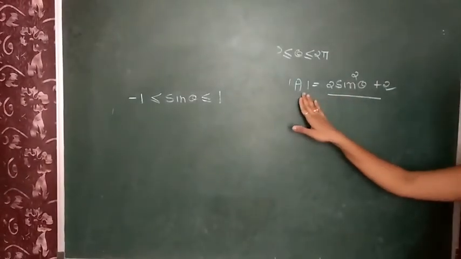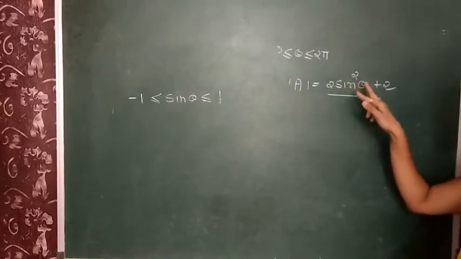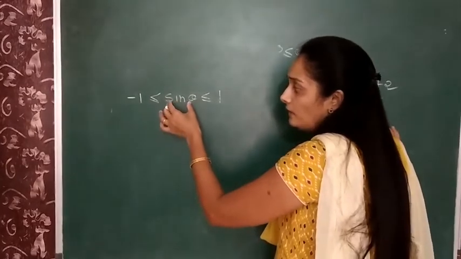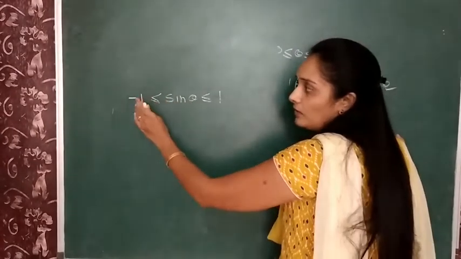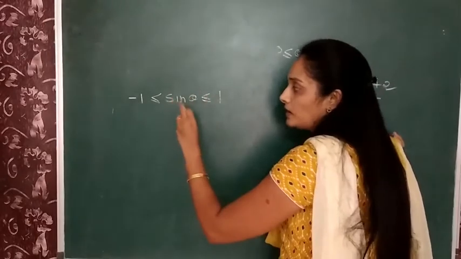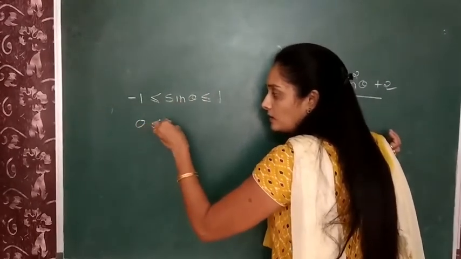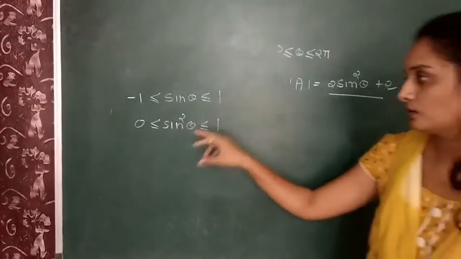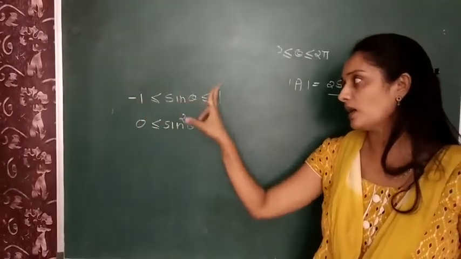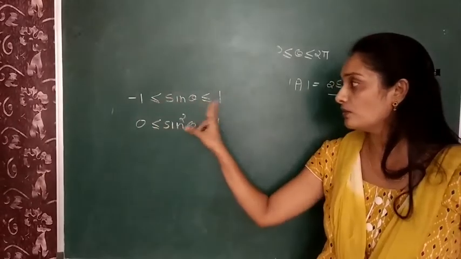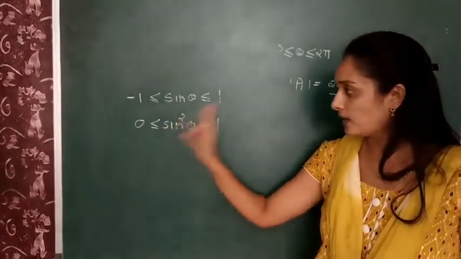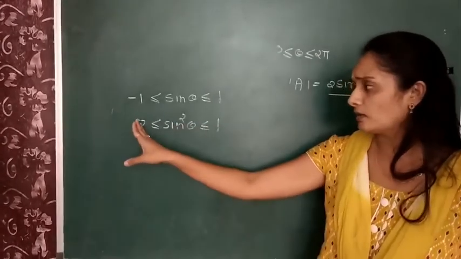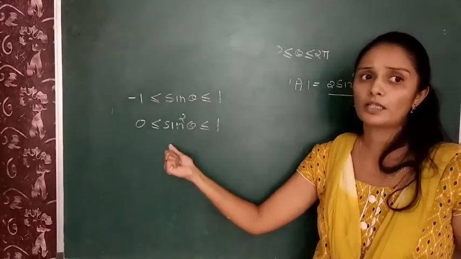But for determinant of A, we require sine square theta. And we learned that if sine theta lies between minus 1 and 1, then sine square theta lies between 0 and 1. We learned this in 11th standard in chapter 3.